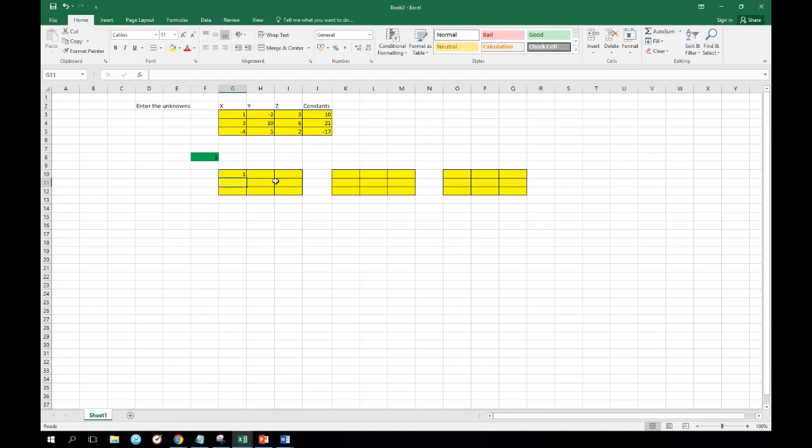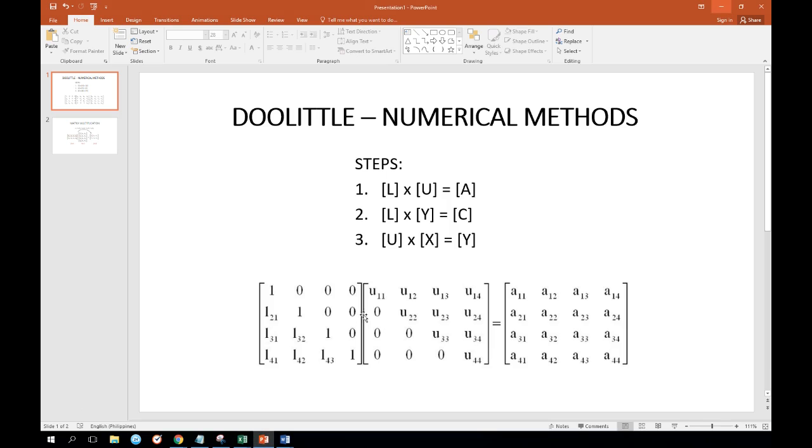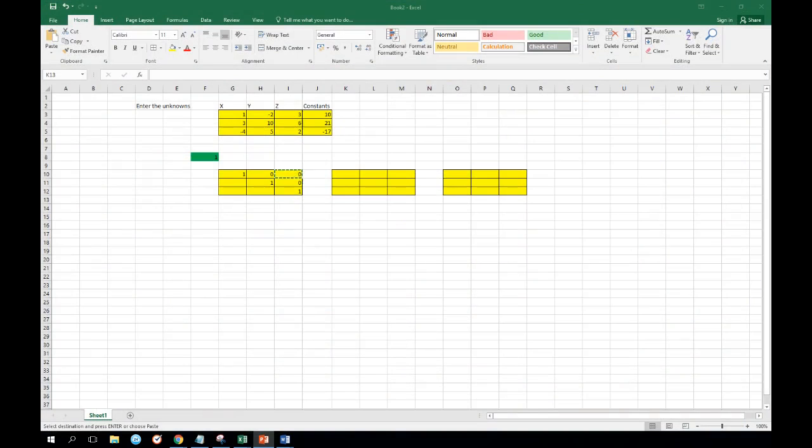Here are all 1 and then here are all zeros. And for the next one, all the values below the diagonal are 0 and the rest have values. So let's put that here. These are all zeros.